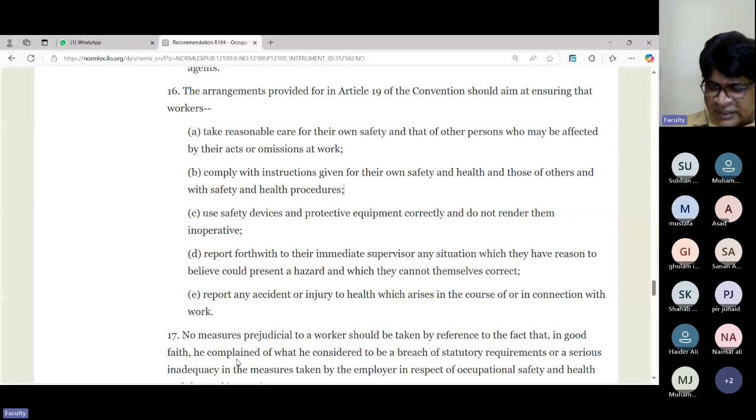They may purposefully make sure that the PPEs, safety devices, or emergency stop devices are not working. If you make them inoperative or try to bypass them, or if you wear PPE correctly only when somebody is looking, all these come under inoperative conditions. So we should not do that.